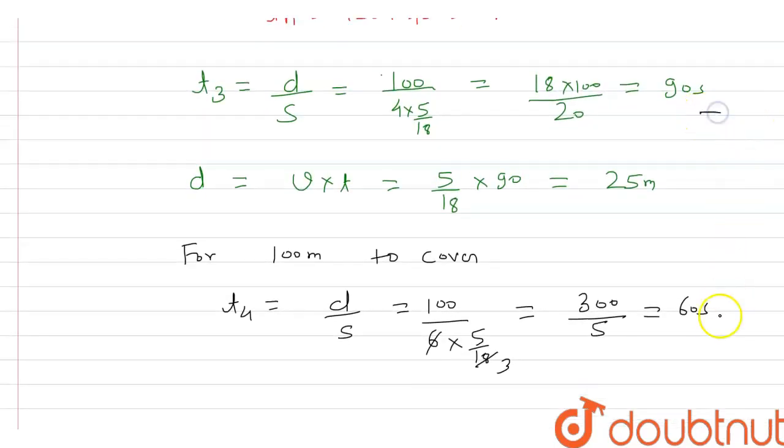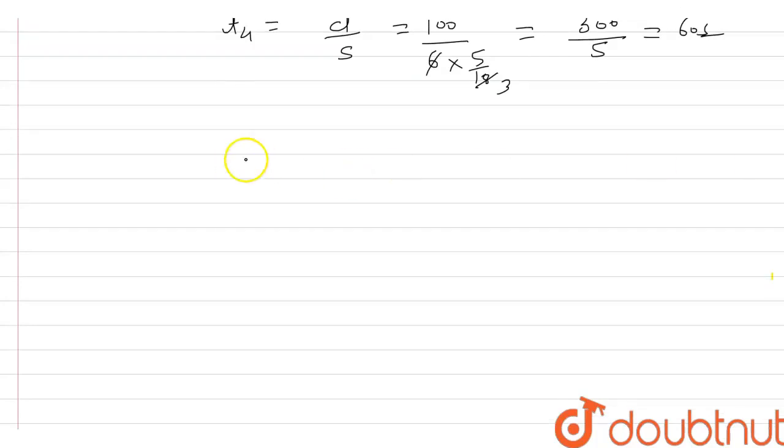So total time taken by B here is 90 plus 60, that is 150 seconds.